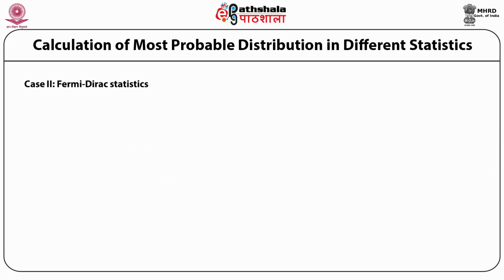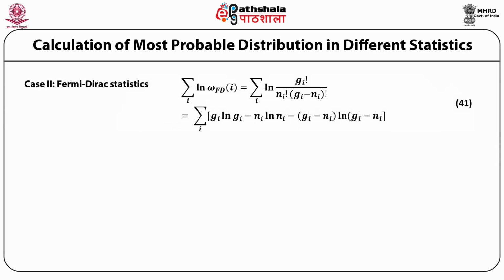Case 2. Fermi-Dirac statistics. Summation over i log of W with respect to Fermi-Dirac statistics is equal to summation over i log of gi factorial divided by ni factorial into (gi minus ni) factorial, which is equal to summation over i gi log of gi minus ni log of ni minus (gi minus ni) log of (gi minus ni).